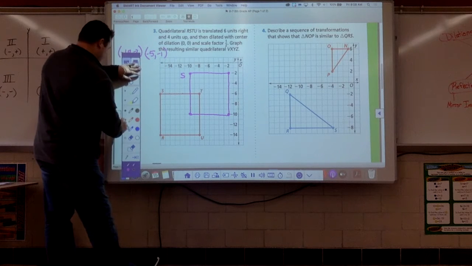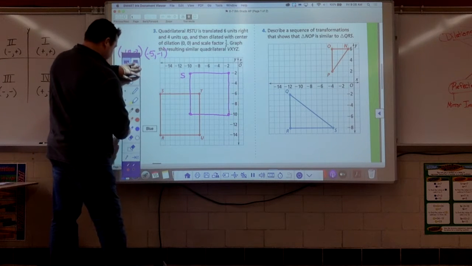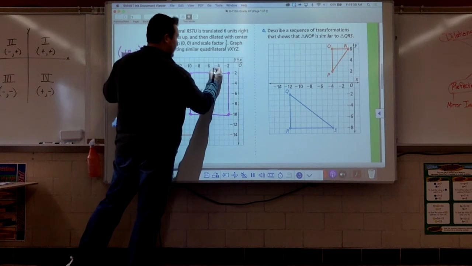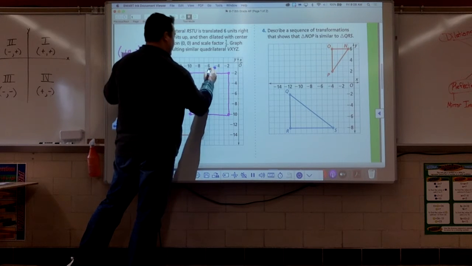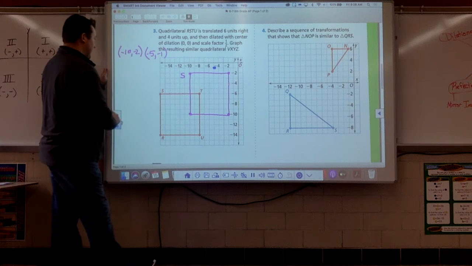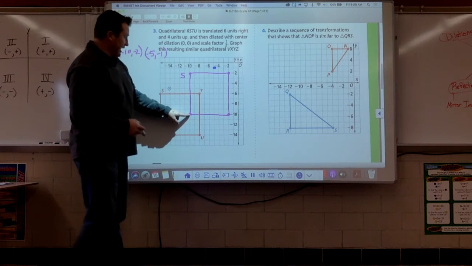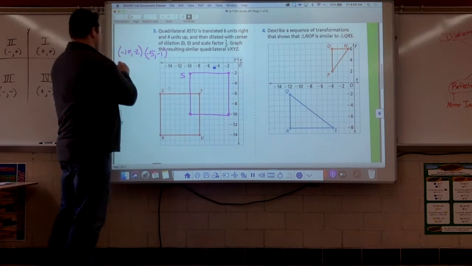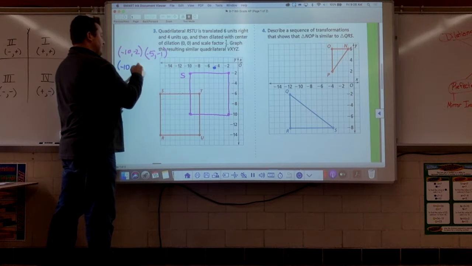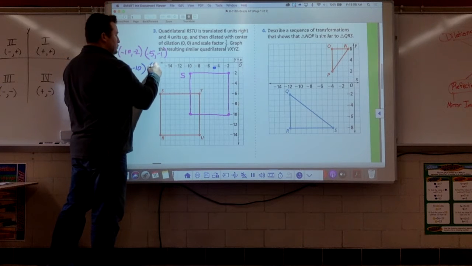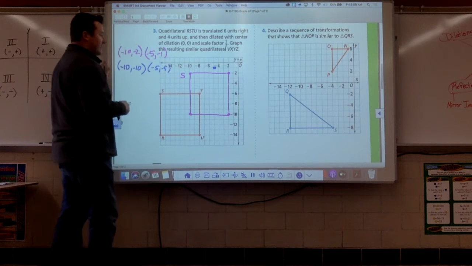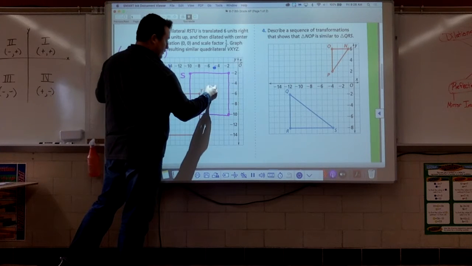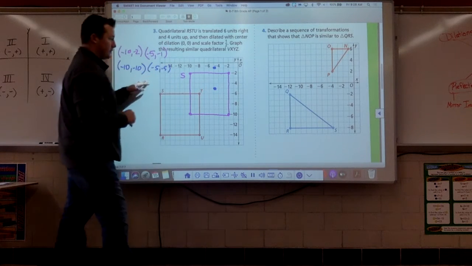So we'll make this in blue. -5, -1. There you go. Let's do this point down here. -10, -10. Again, multiply each one by 1/2, -5, -5. Right here. All right.